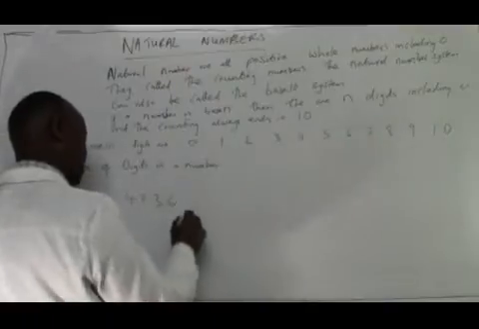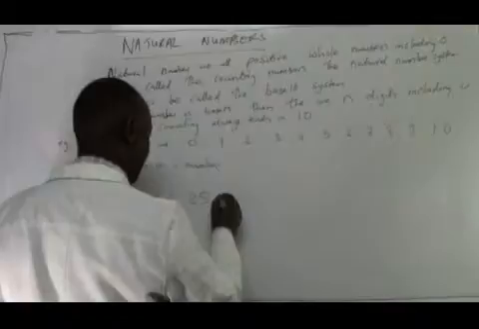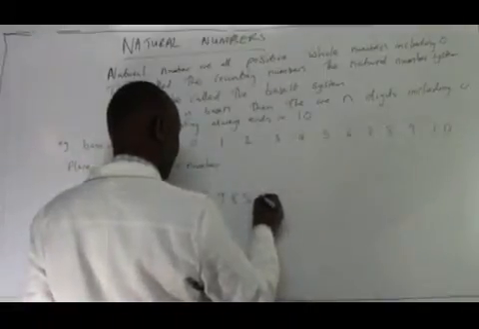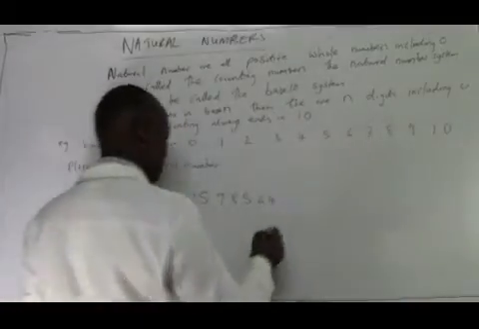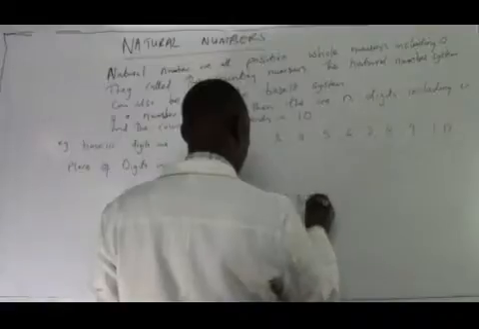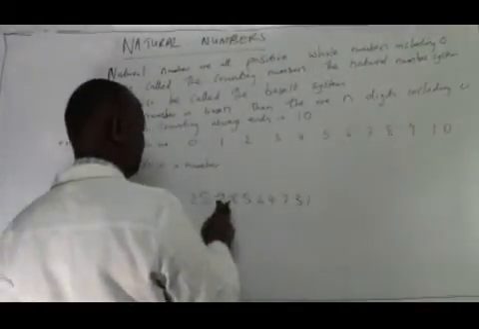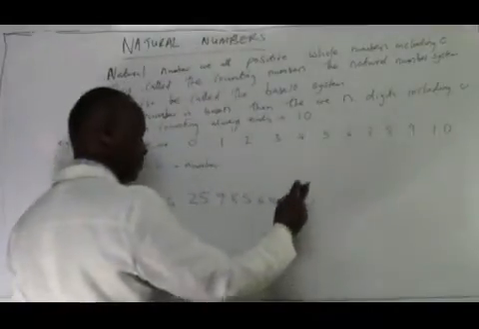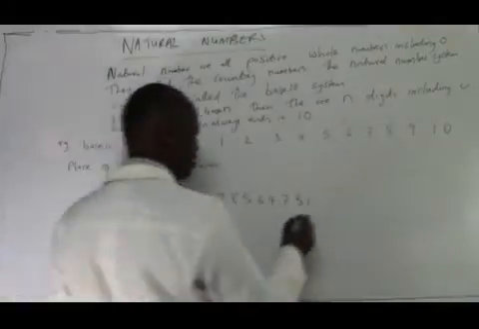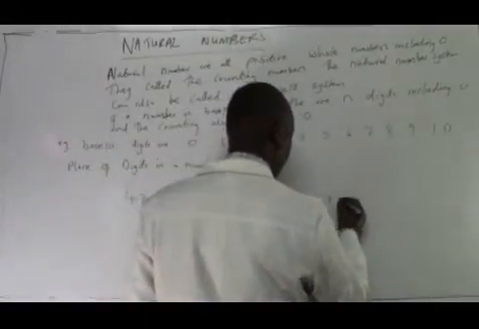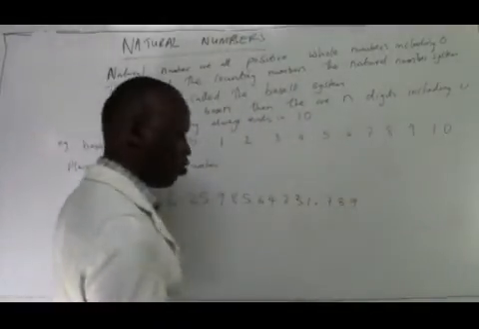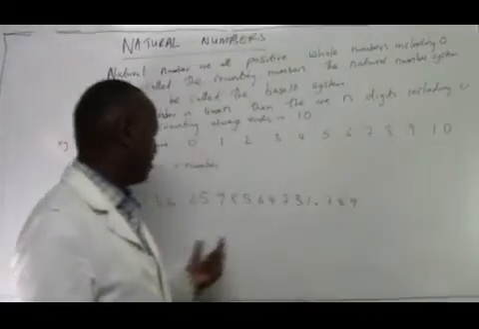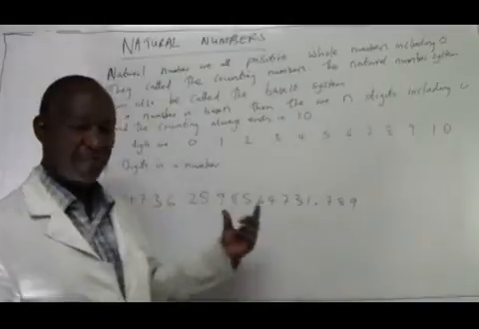So let's take a big number like 47,362,598,564,731,... with digits going up to the decimal point, and then 0.789. Now we want to know the place value of each digit of this number and the total sum of the digits.